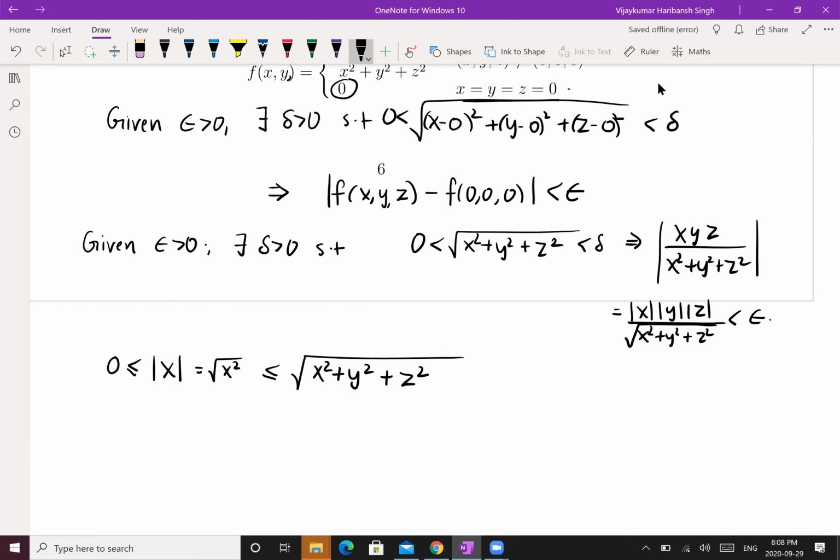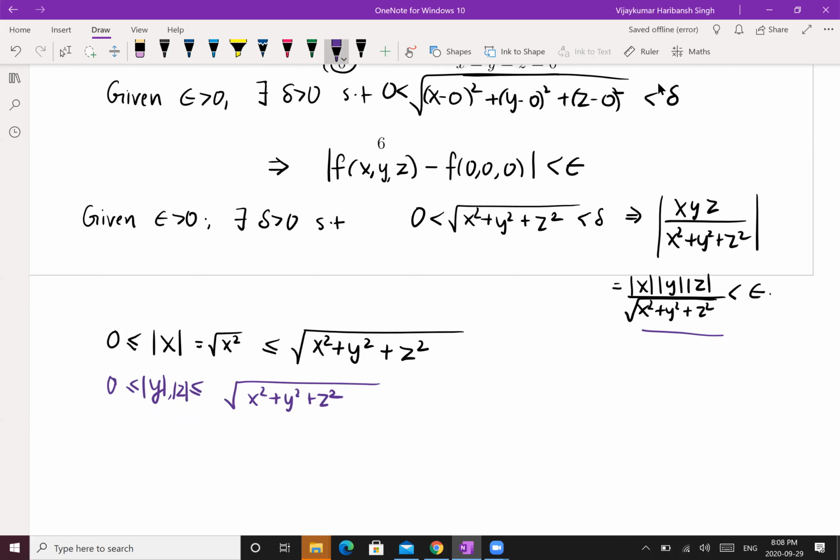Not only that, this holds for all of them, not just for x but also for y and z. Similarly, we have 0 less than or equal to the absolute value of y, which is less than or equal to the square root of x square plus y square plus z square. And similarly for z as well, the absolute value of z is between these bounds.